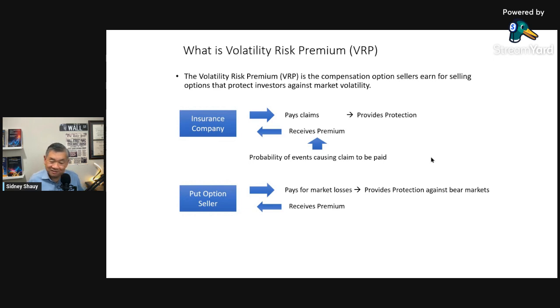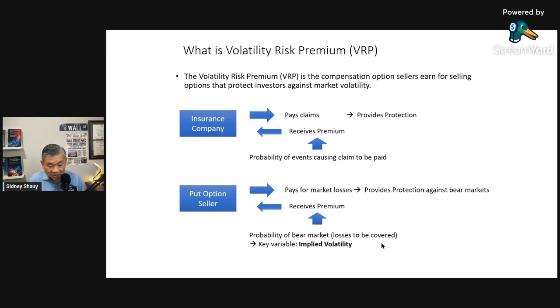With health insurance, for example, how likely is someone to use medical services and how much are those services going to cost? That's pretty much how the premium is calculated. In the market, it's pretty much the same idea: the probability of a bear market, because in a bear market, there are going to be losses to be covered.